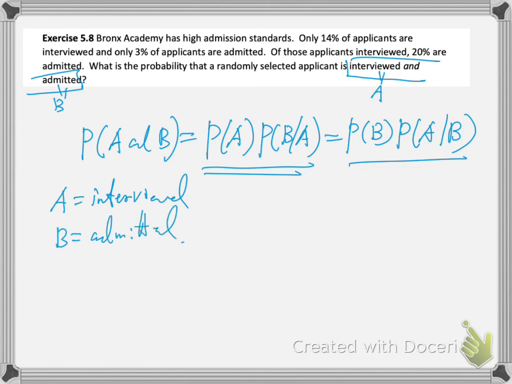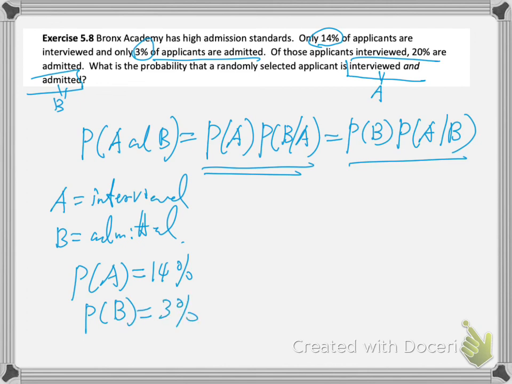Then you look at the numbers and the meaning of the given numbers. First, 14% means interviewed, so P(A) is 14%. Then 3% means admitted, has nothing to do with the interview, so P(B) is 3%.